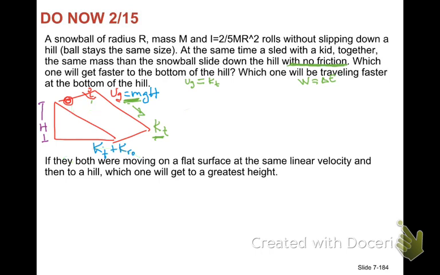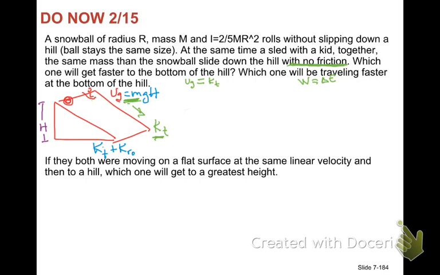Okay, so at this point, we know that we have to work with energy, and that the energy needs to be conserved. That means that potential energy gets transformed completely into kinetic energy. So the next step is to go into my formula chart and look at the equation for potential energy and the equation for translational kinetic energy.